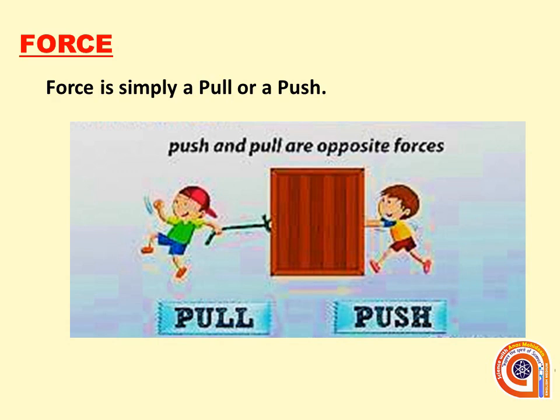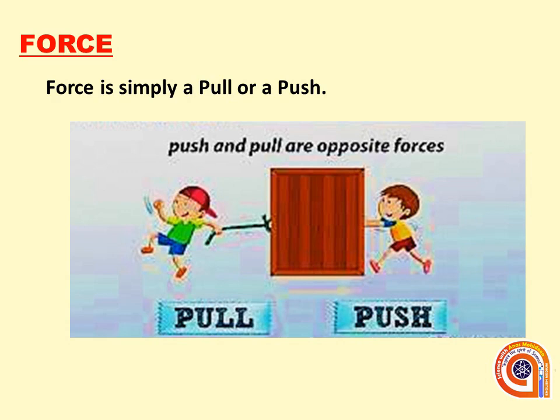Right. By applying this force, there are 5 effects that can be observed in objects. That is, by applying a force, the motion of an object can be stopped. If an object is moving, that motion can be stopped. At the same time, by applying a force, an object at rest can be moved.